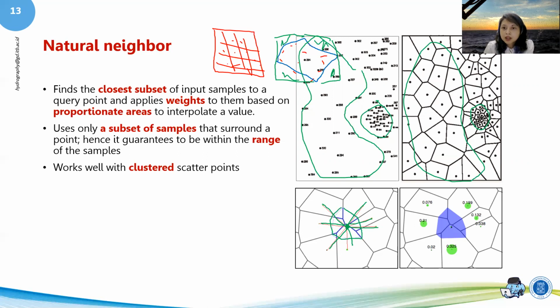So for example, this one is very, very close, so you will have this one as a bigger weight. And then this one is also close, so that's a bigger weight. And this one is also close, then that's a bigger weight. But this one is not that close, so the weight is going to be very small. This one is also not that close, and this one is still close, but not as close as this one and that one. And this one is not close.